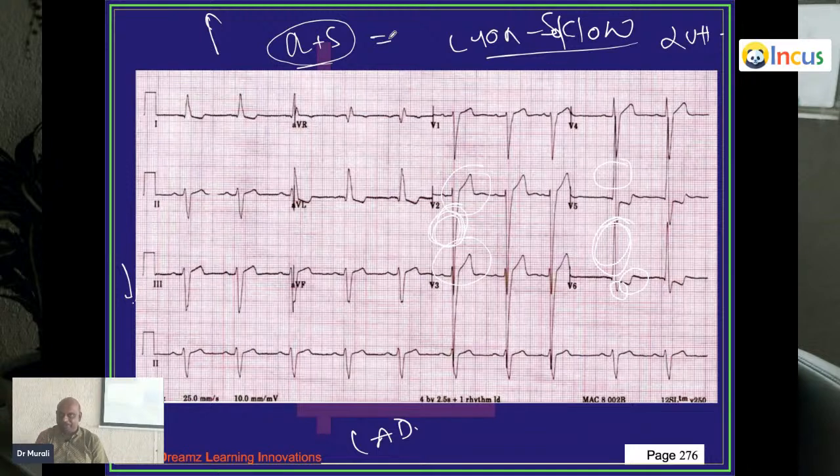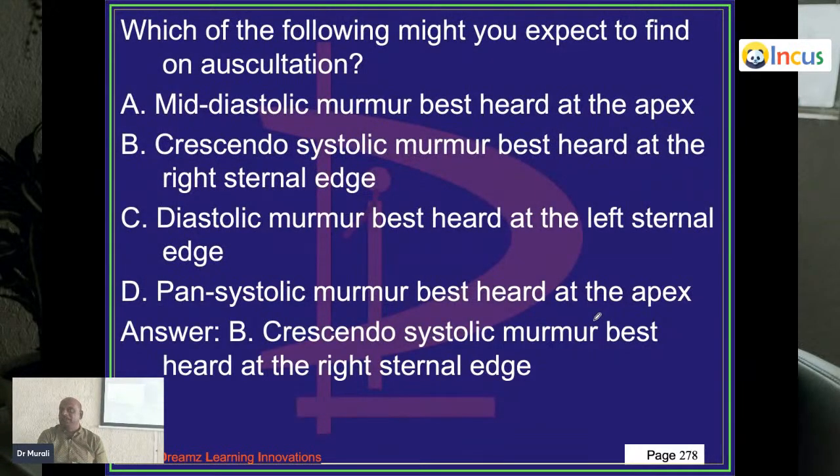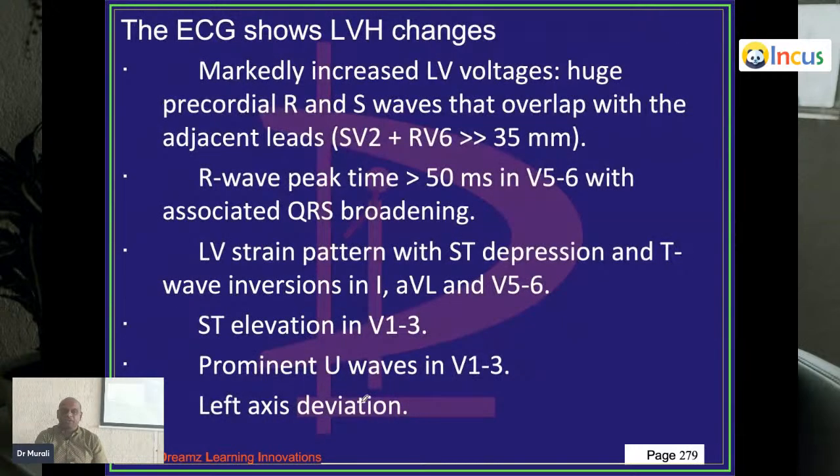I will do a revision for you, right? So, Sokolow-Lyon criteria. Left ventricular hypertrophy is there. Aortic stenosis is the diagnosis. And aortic stenosis has a crescendo systolic murmur best heard at the right sternal edge, which is what you need to remember.